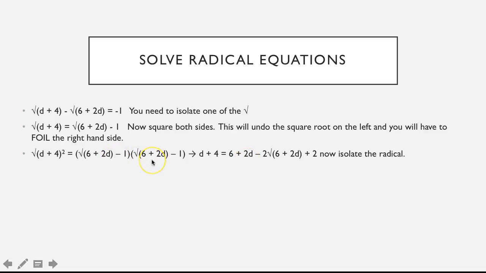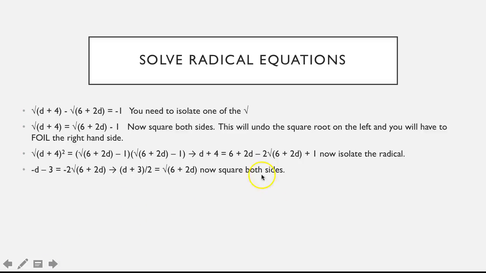Negative 1 times the square root of 6 plus 2d, twice, leads into negative 2 times the square root of 6 plus 2d. 1 times negative 1 is the positive 1, and now you need to isolate the radical all over again.